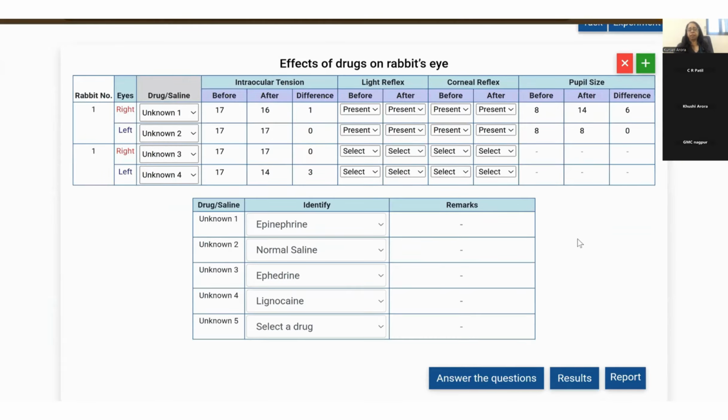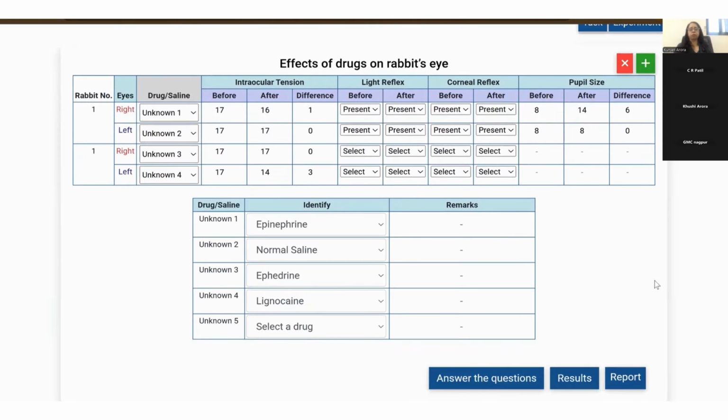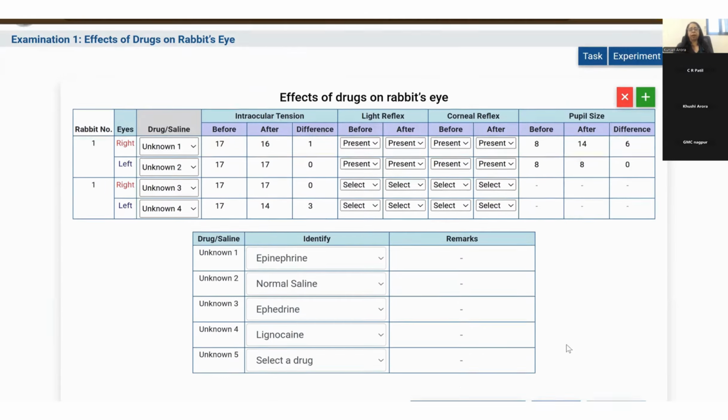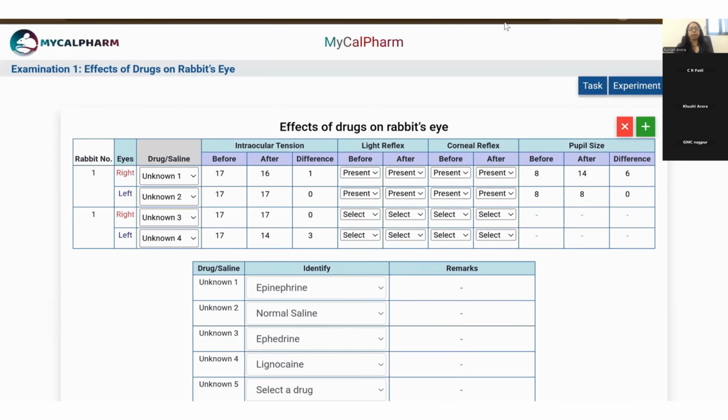If the faculty is around, let me show you how the report is made. Suppose the examination is complete, whatever the student has done, they've already completed it and answered the questions. A report has to be submitted by the students. Whatever the student has done, a report will be made, and a PDF will be there for the faculty to access.